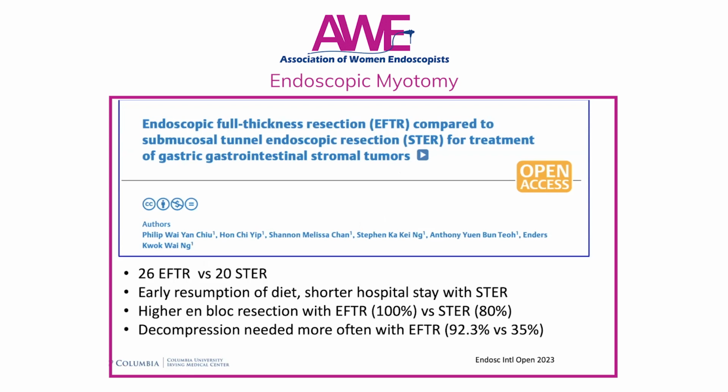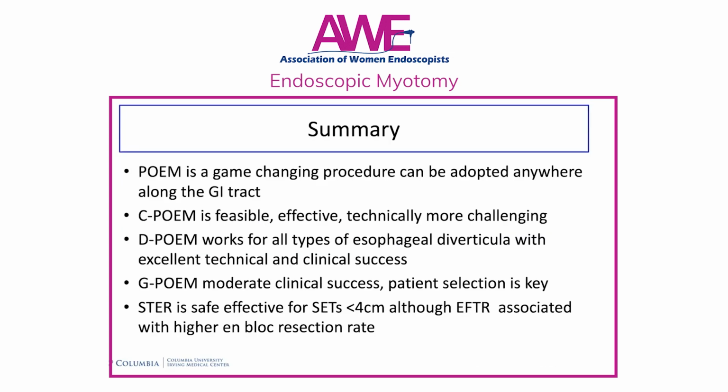And there was earlier resumption of diet and a shorter hospital stay with the STER group, but a higher en-bloc resection with the EFTR group compared to the STER group. Decompression during the procedure was needed more often, however, with the exposed group, as we would probably expect, because we are obviously trying to make a defect in the wall and complete the resection prior to closing it.